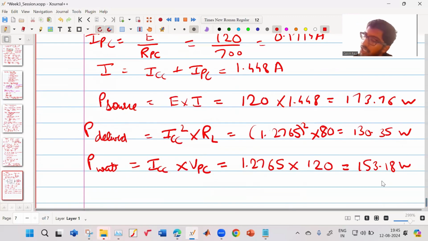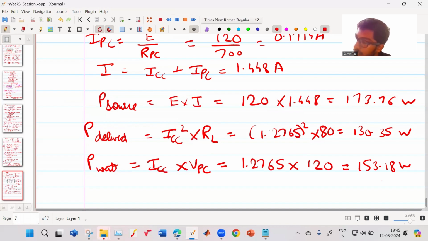So you see there's so much error. The delivered power is 130.35 watt, but what my wattmeter is measuring is 153.18 watt. And there are so many losses. In the ideal case, when the wattmeter was not there, 180 watt was the power the source was giving and 180 watt was delivered to the load. You wanted to measure that 180 watt, and so you added a wattmeter.